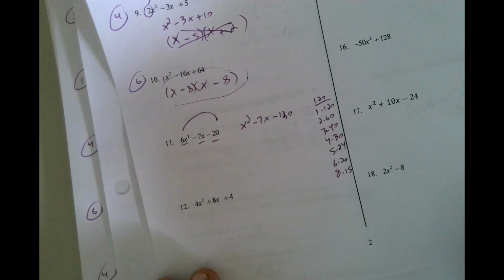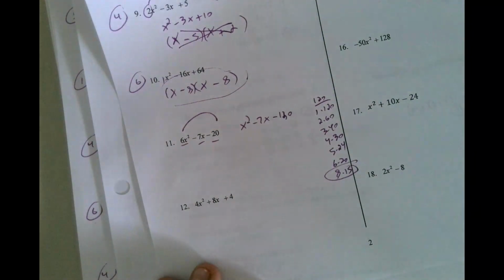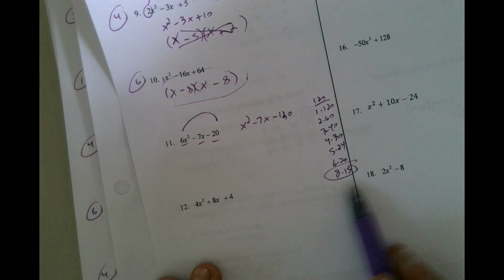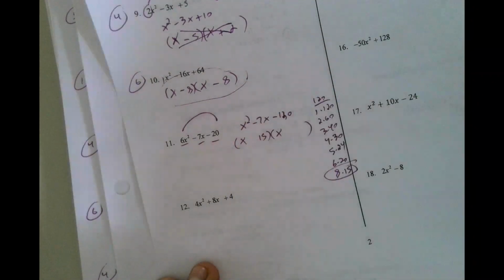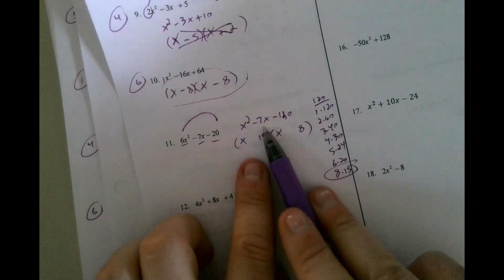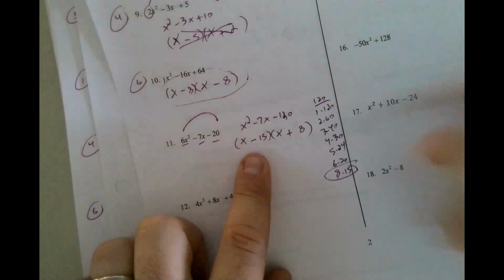Why do I have to stop right there? Why do I have to stop at 8 and 15? Are you going to get 7 from 8 and 15? Yes. So all you do is you split it up: 15 and 8. The only way to get negative 7 from those two numbers is negative 15 plus 8.